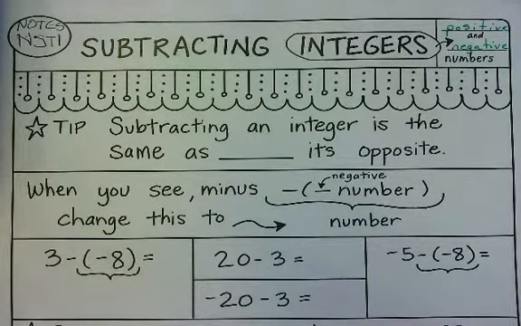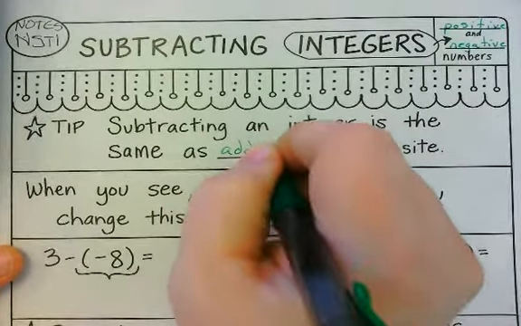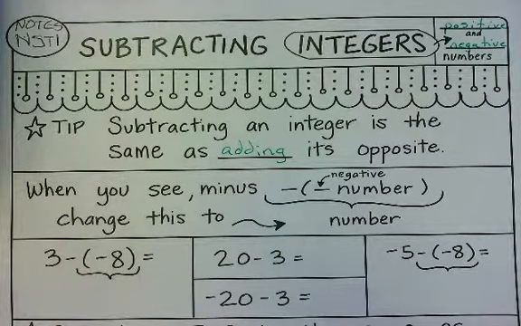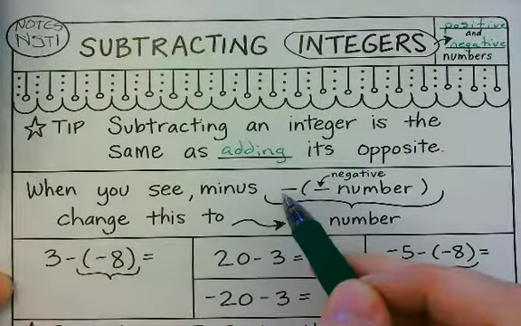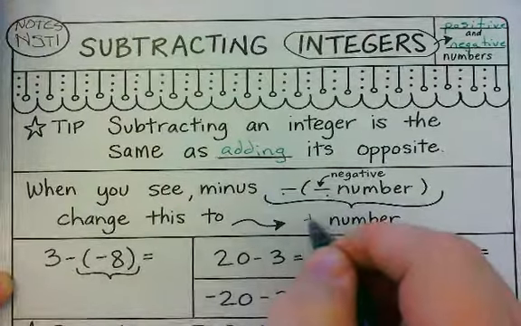So the tip: subtracting an integer is the same as blank its opposite. What that means is the missing word here is adding its opposite. So subtracting an integer is the same as adding its opposite. When you have a minus or a negative, you have to make some changes so that instead of saying a negative, we change it to a positive.